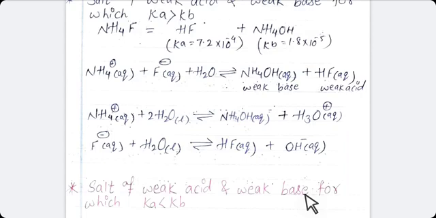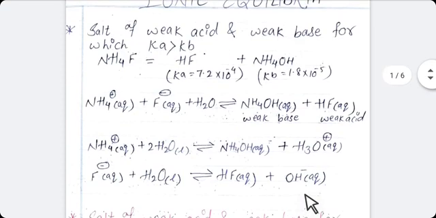The NH4⁺ ion hydrolyzes to a slightly greater extent than the fluoride ion. Students, remember, the NH4⁺ ion hydrolyzes to a slightly greater extent than the fluoride ion. That means the reaction produces more hydronium ion than the OH⁻ ion produced in the next reaction.